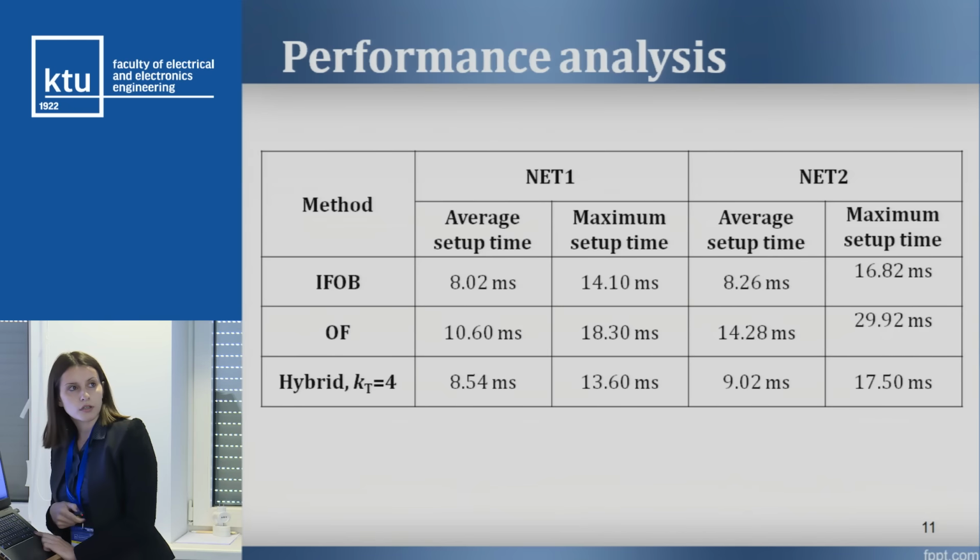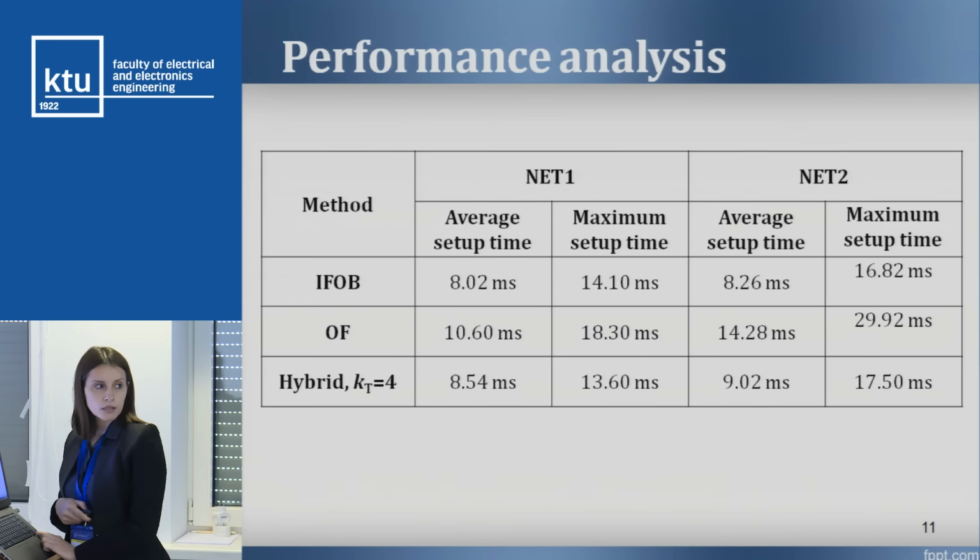And here we have the results, the three methods, and the average and maximum setup time for the first and for the second network. Here we can say that the times obtained with the hybrid method are similar to the times obtained with the in-fiber out-of-band method.